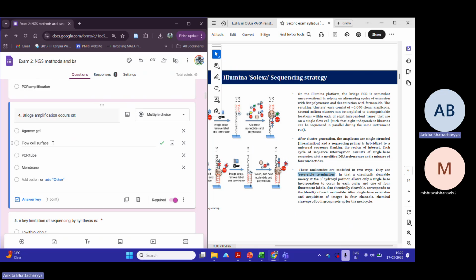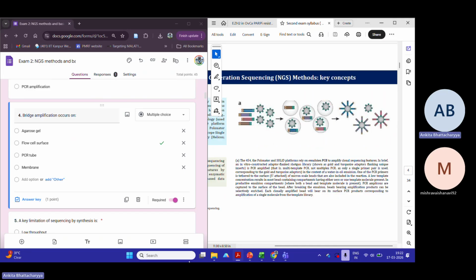If you had a different template amplification strategy, for example, if you remember the emulsion PCR based template amplification that I discussed, then in that case, the correct answer would possibly have been the PCR tube, or any tube for that matter, where within the tube you have the droplet formation, and within the droplets, these individual PCR reactions take place that can eventually be used for the sequencing protocol.